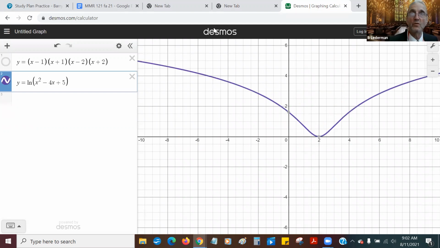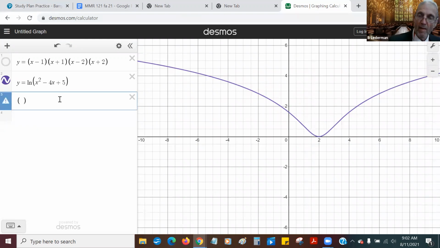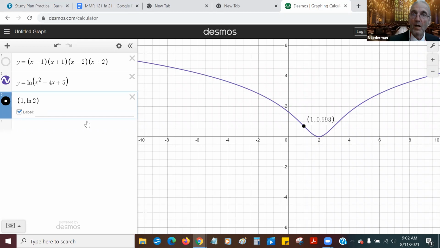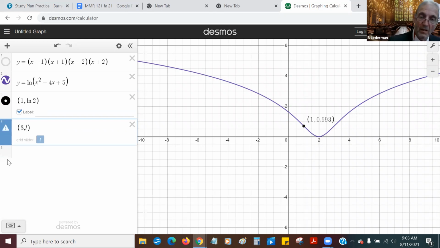So y is equal to ln of this, and this is what it looks like, and we want the point 1 comma ln 2, and we want the point 3 comma ln 2, and let's label that.